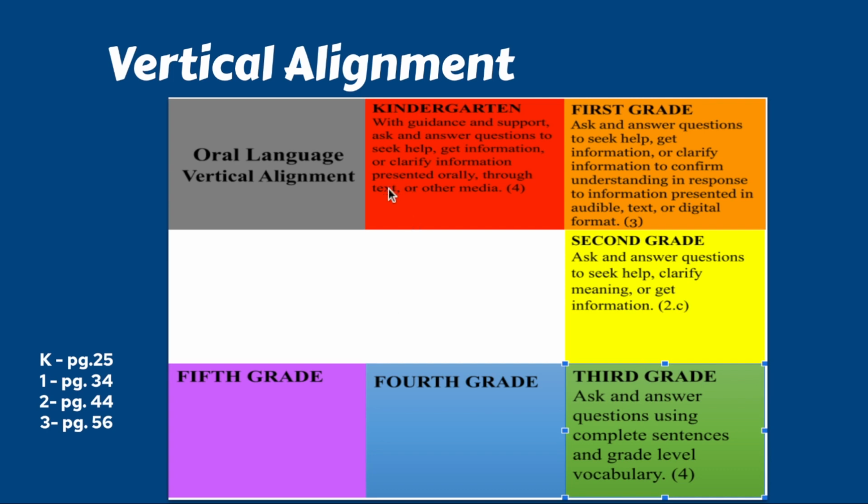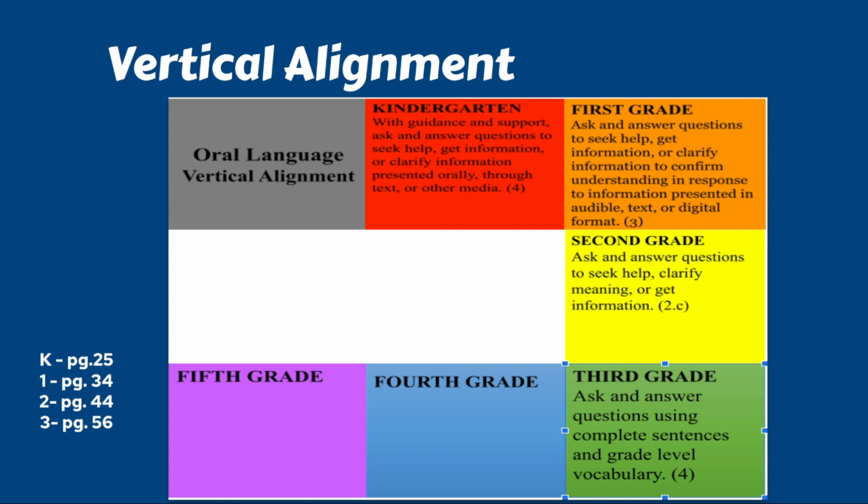In kindergarten, students have support and guidance of their teacher to ask and answer questions, seek help, get information, and clarify information presented orally through text or other media. Standard 4. While in first and second grade, that guidance and support is left off, and the expectation is that first and second grade students can do this independently.